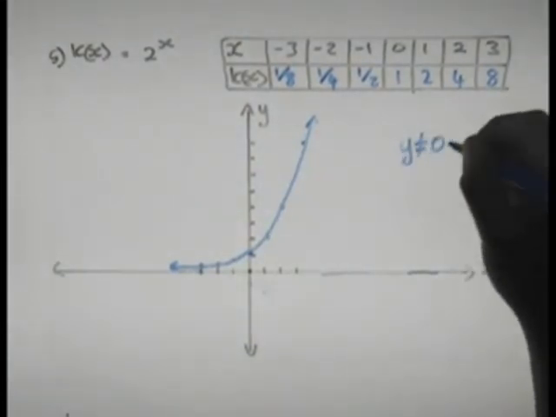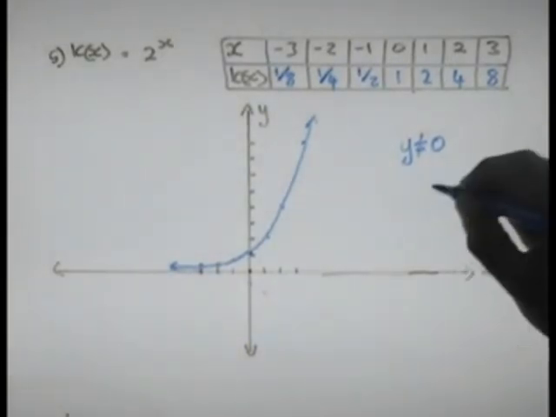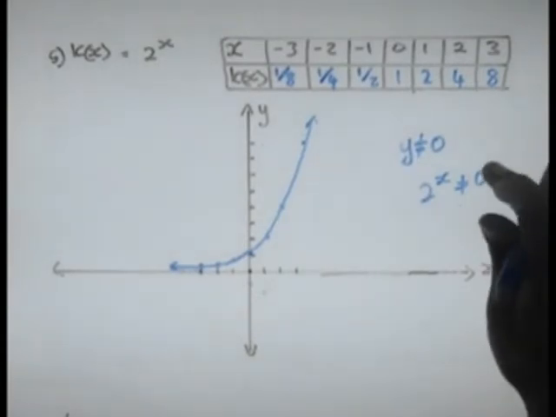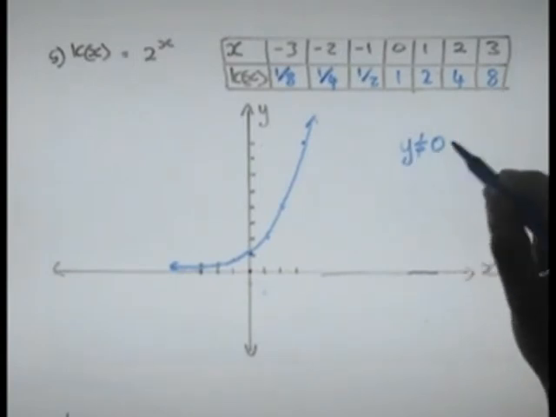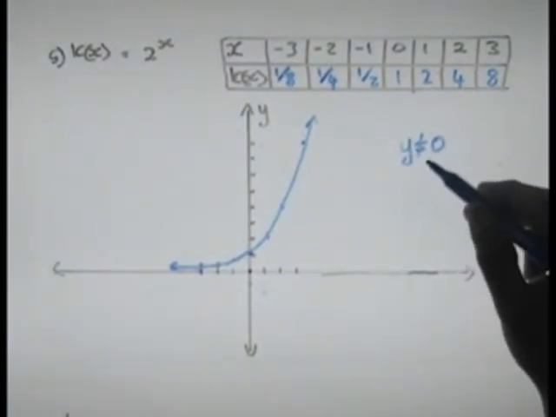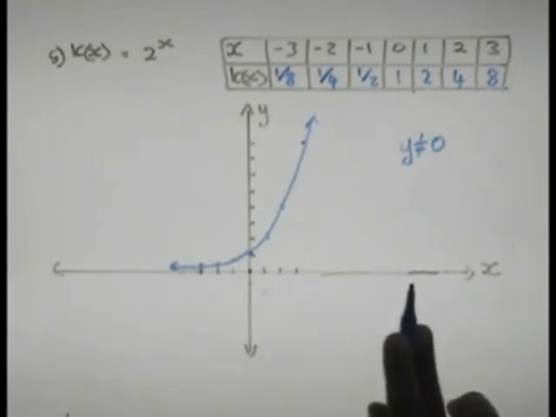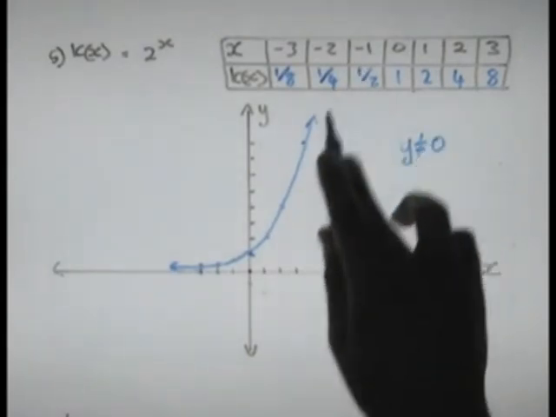y cannot ever equal 0, because 2 to the power x can never equal 0, or rather is always greater than 0. Hence our only asymptote is y equals 0. Notice what happens as x starts to increase. The graph increases exponentially.